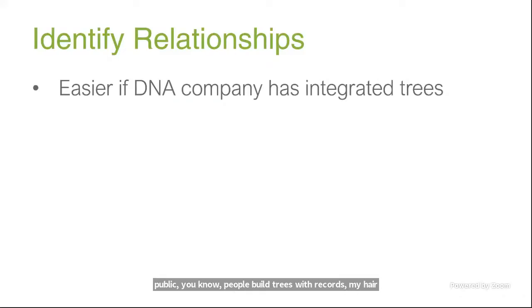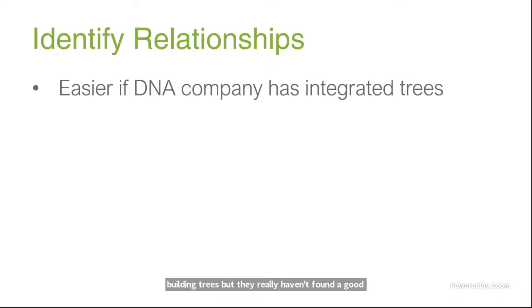MyHeritage does as well. Family Tree DNA does allow you to build trees, but they don't have any record integration at all, and so it's just less common for people to have put a tree onto Family Tree DNA. And 23andMe has tried various ways of building trees, but they really haven't found a good solid solution for that.